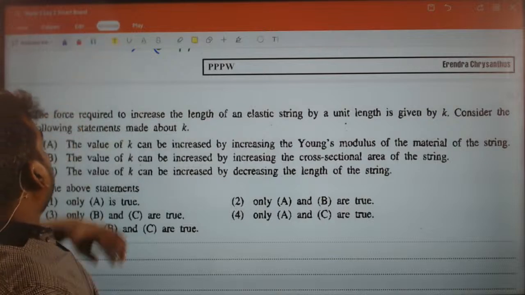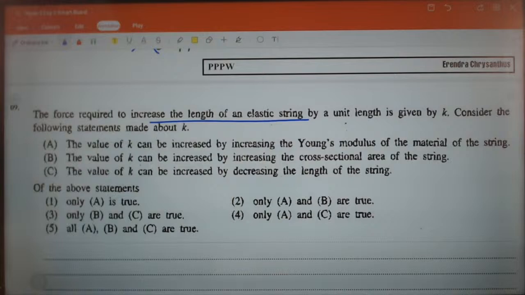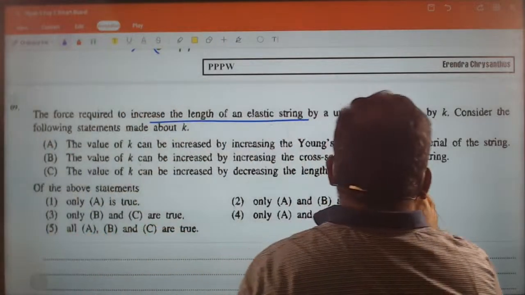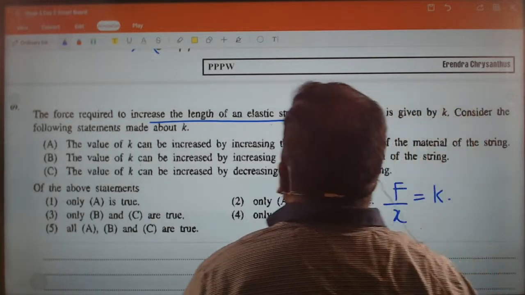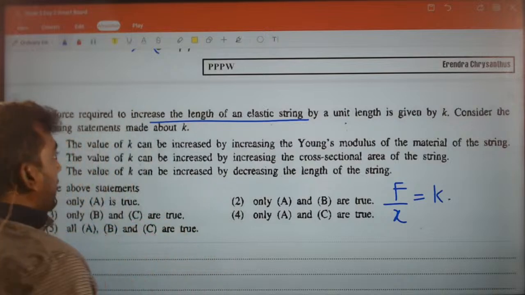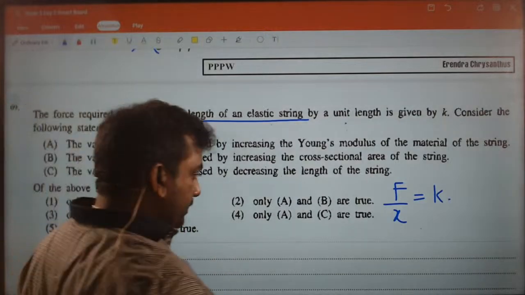Look at this carefully. The force required to increase the length of an elastic string by a unit length is given by K. So force per length is given by K. Consider the following statements made about K. Please look at the board carefully.